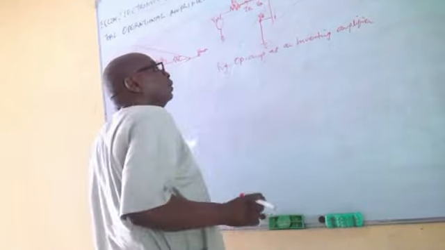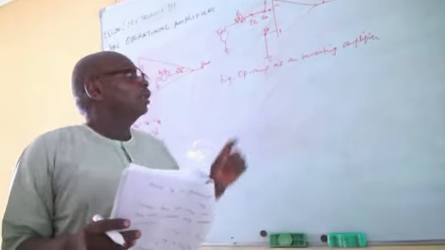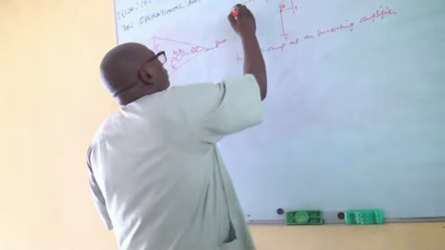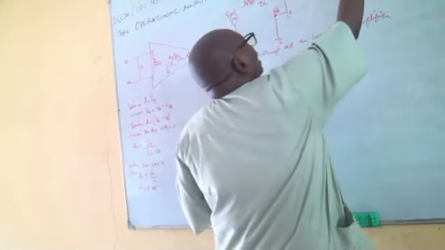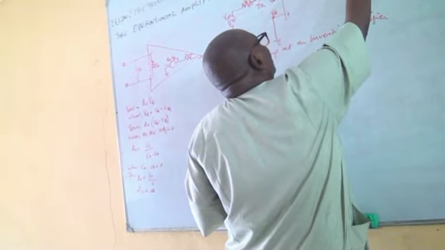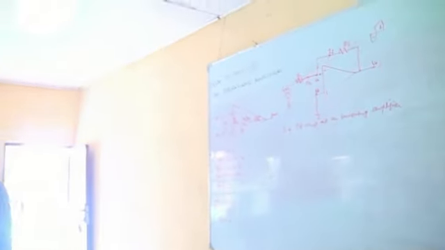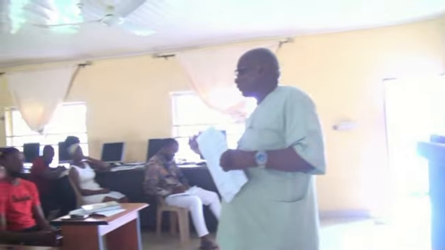Now, if you look at this diagram on the board, you know very well that the output will be out of phase to the input. That one is for sure. Because of the name, it will be out of phase, though the output will be a little bit larger because it's passing through the amplifier. It's just as if you have your microphone now.